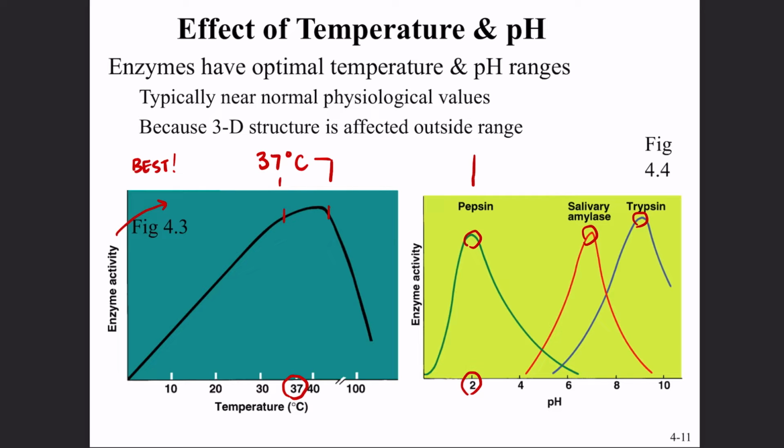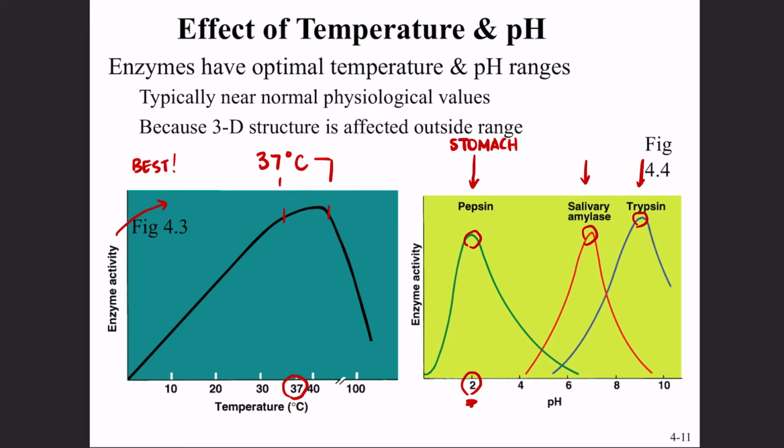For these different enzymes, they have different pH ranges that they prefer. Pepsin is one enzyme in our stomach, and our stomach, as you may know, is a really acidic place, and so it makes sense that pepsin's optimal pH is really acidic at around a pH of 2.